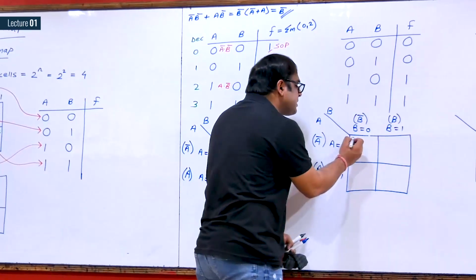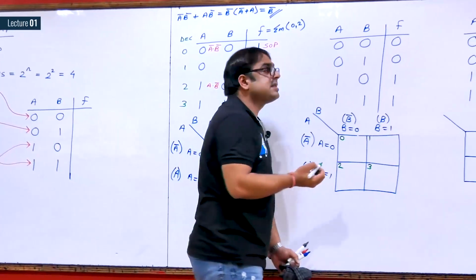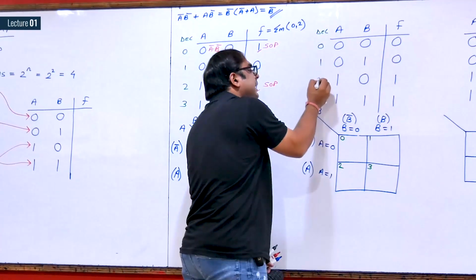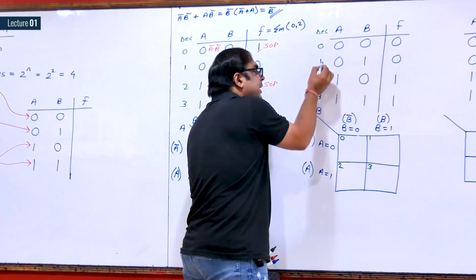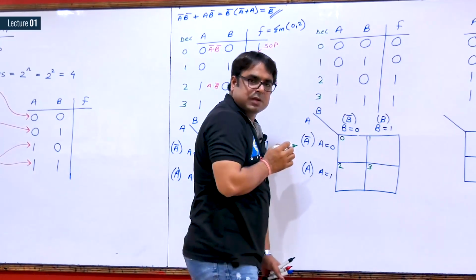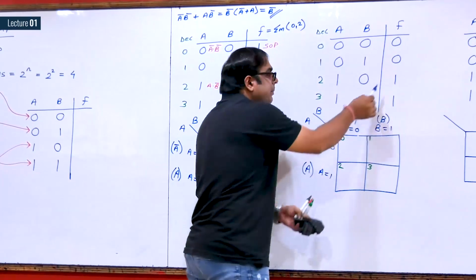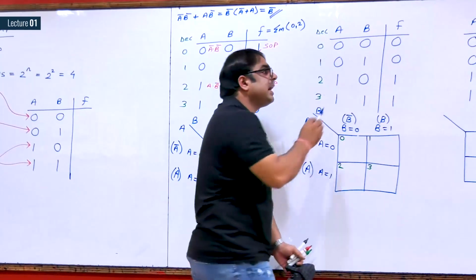Now what do these cell numbers signify? These cell numbers signify the decimal combination of AB, that is 0, 1, 2, 3. Now, what are the min terms for this function? Min terms of this function are 2 and 3.